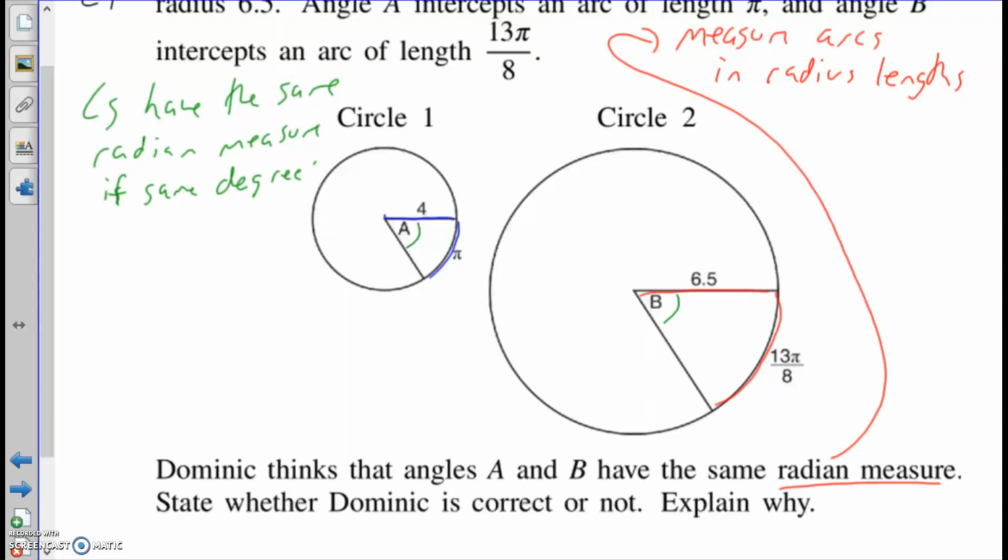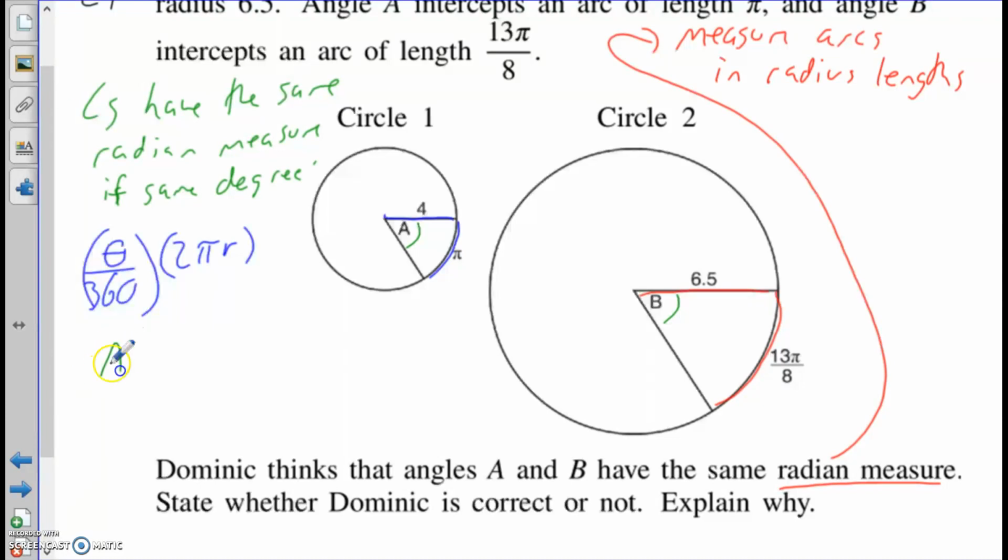Now the way to do this is with our arc length formula. We have a formula that is x or theta over 360 times the circumference formula 2 pi r. The circumference formula is given to you, but the x or theta over 360 is not. But what we're saying for circle A is that it ends up equaling pi.